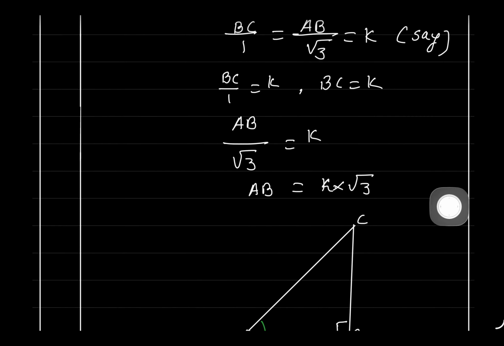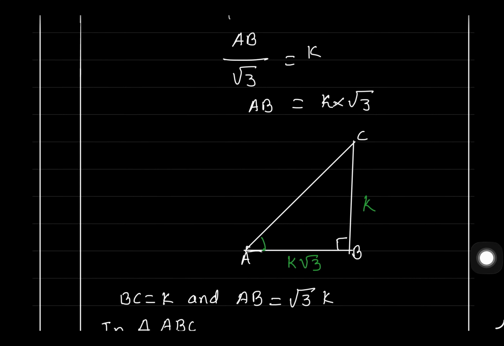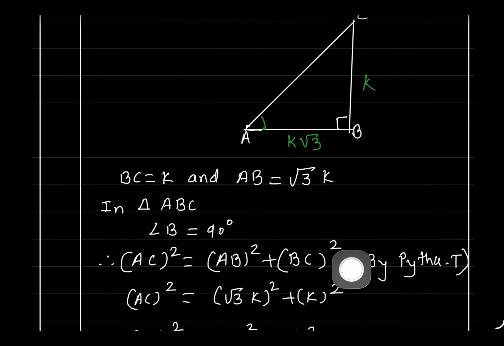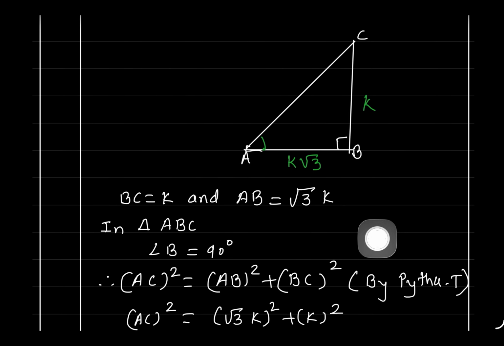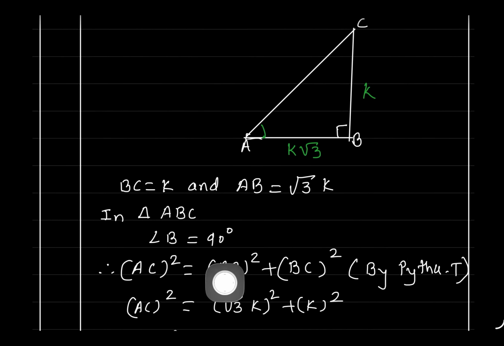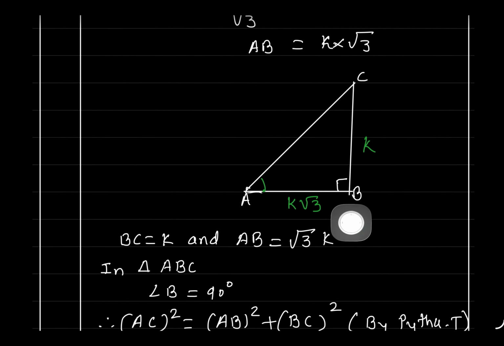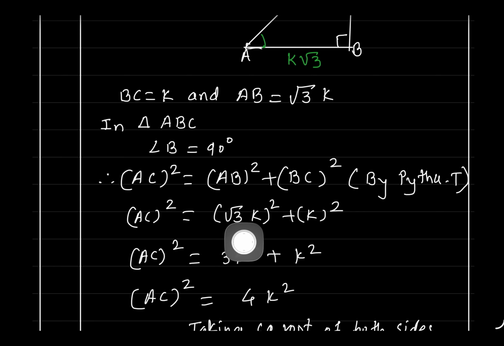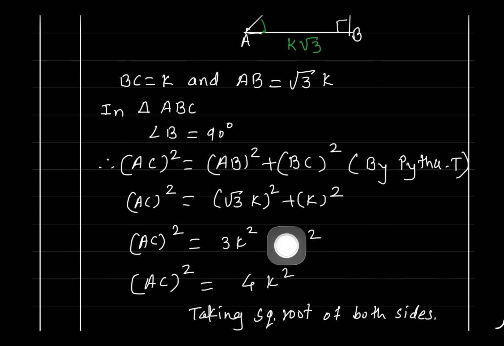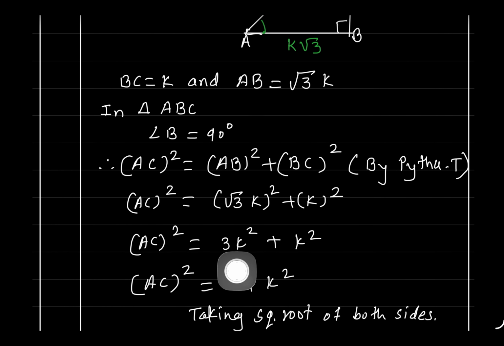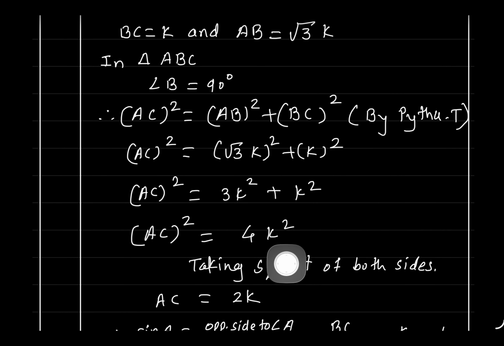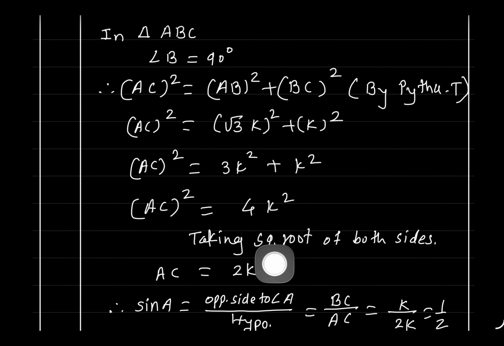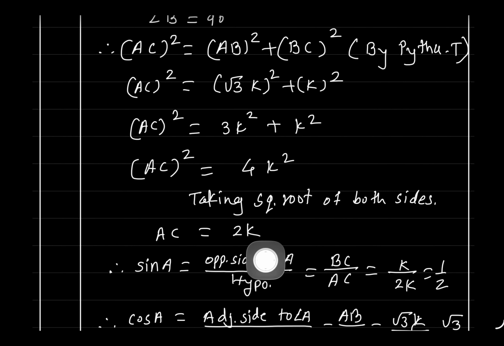Now the third side, the hypotenuse AC, we can find with the help of the Pythagoras theorem. So AC square equals AB square plus BC square. So AC square equals (root 3 K) square plus K square. Root 3 squared is 3, so 3K square plus K square is 4K square. Taking the square root, AC equals 2K.